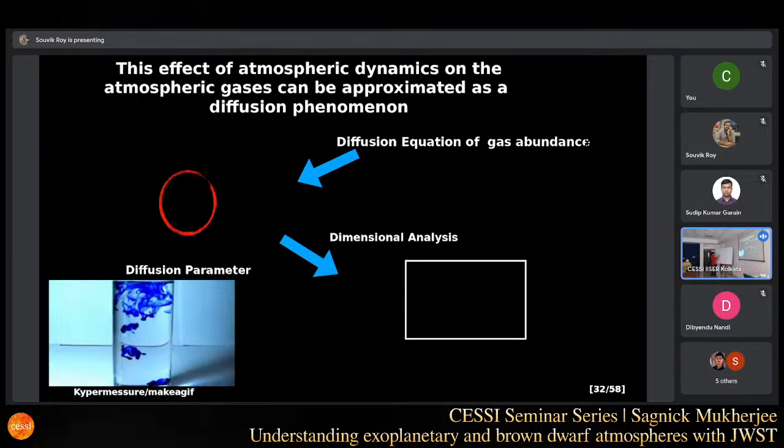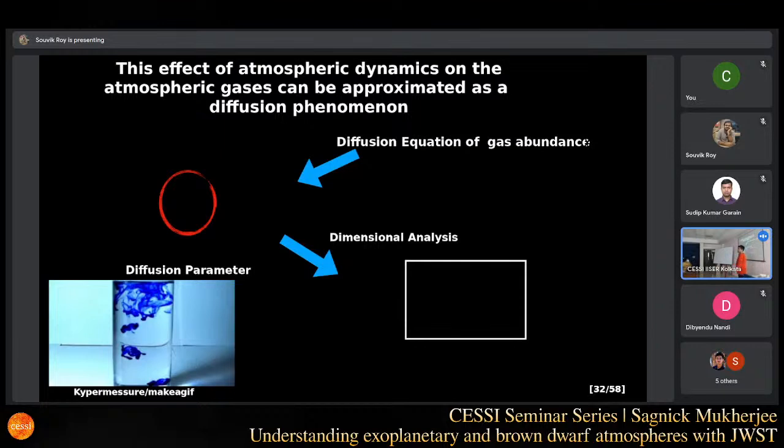So the diffusion equation is, this is the famous diffusion equation. I hope I have written it right. But anyway, this is the diffusion equation. Now, you can think of this dynamics affecting your gas as a diffusive process, because that's essentially what dynamics is doing.